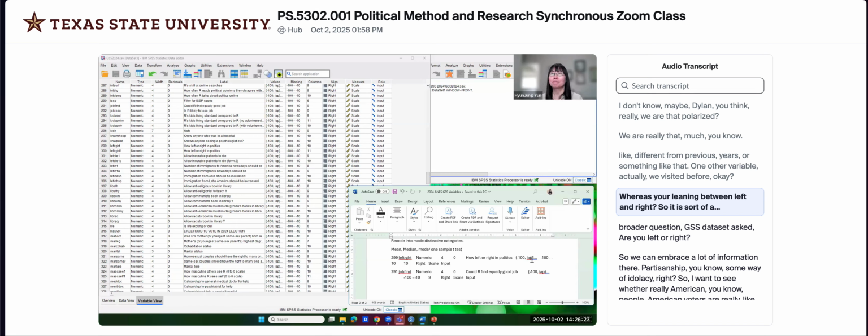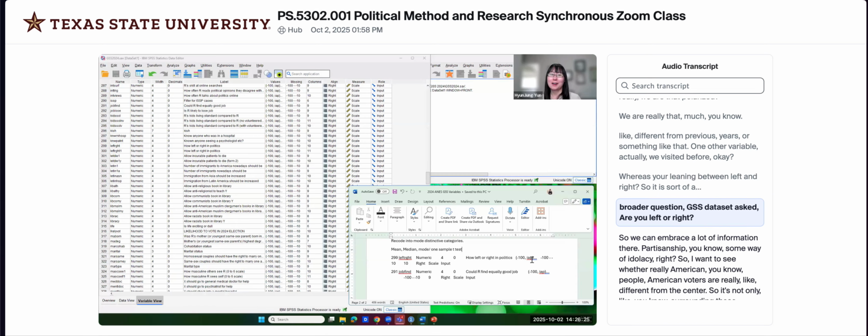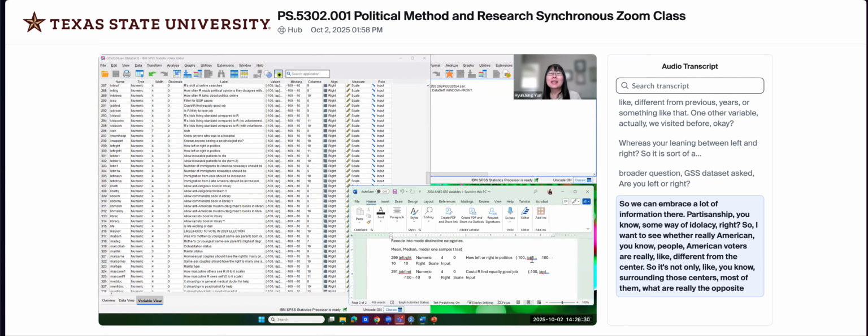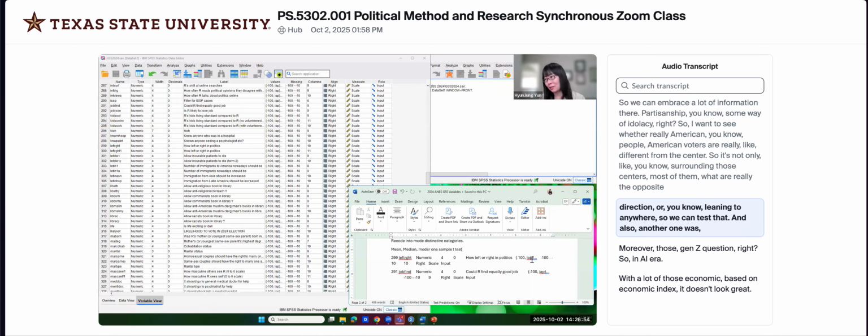It is a broader question. The GSS data set asked, are you left or right? So we can embrace a lot of information there: partisanship, some way of ideology, right? I want to see whether American voters are really different from the center. So it's not only surrounding the center; most of them may be in the opposite direction, leaning anywhere. So we can test that.